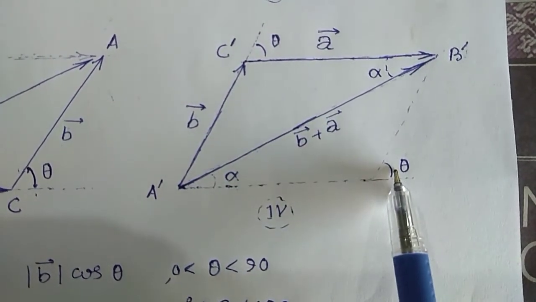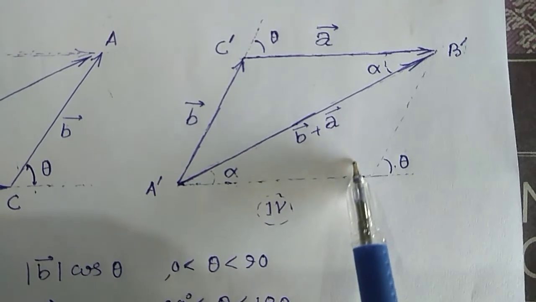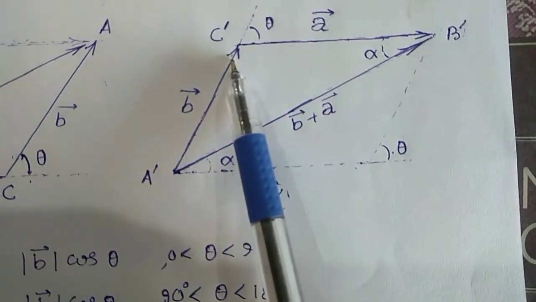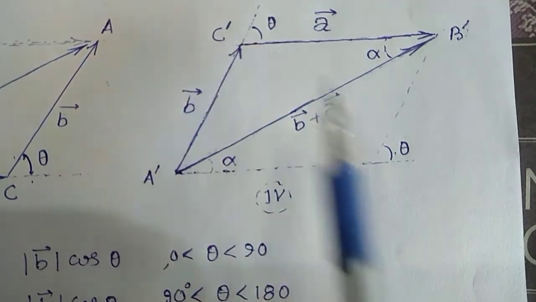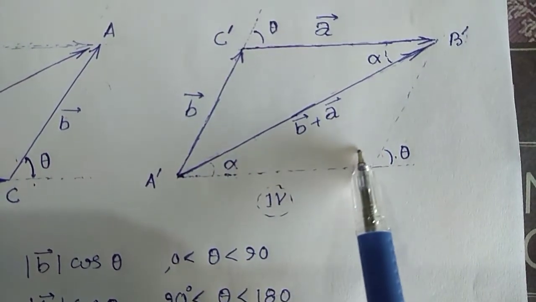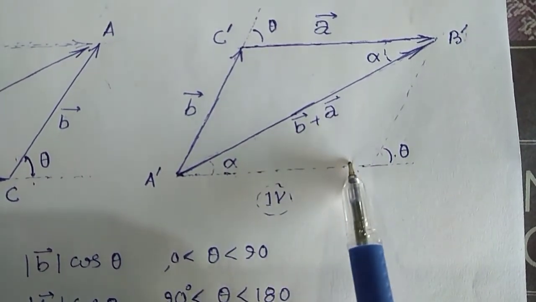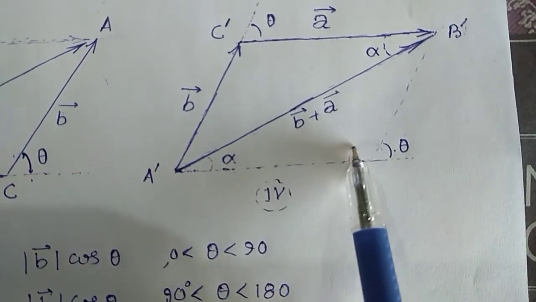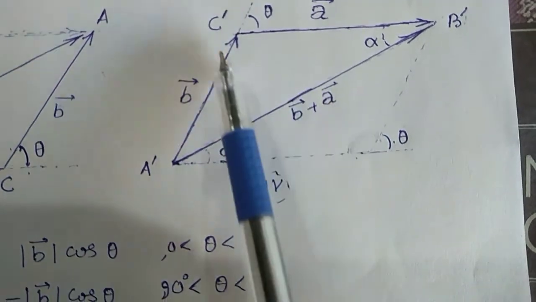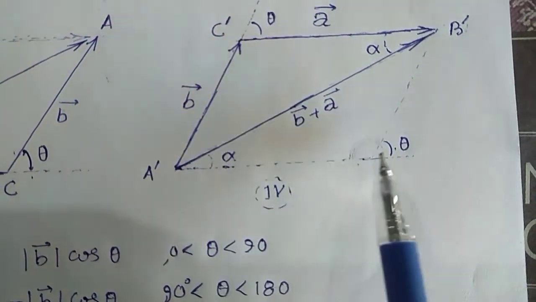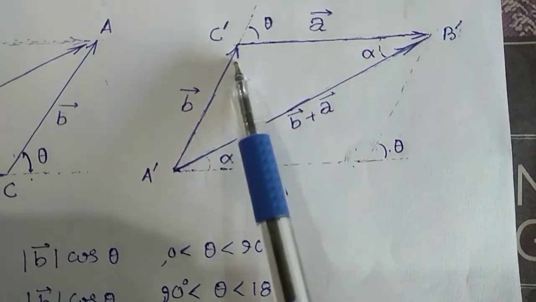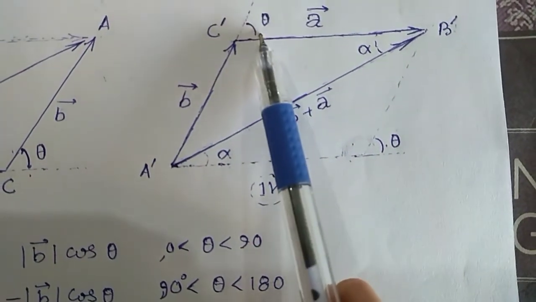Here it is pi minus theta. In a parallelogram, vertically opposite angles are equal, so if this is pi minus theta, this is theta.